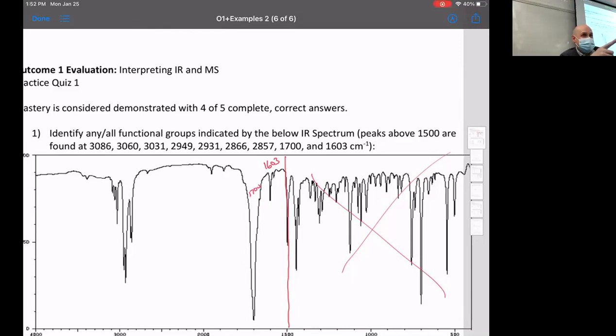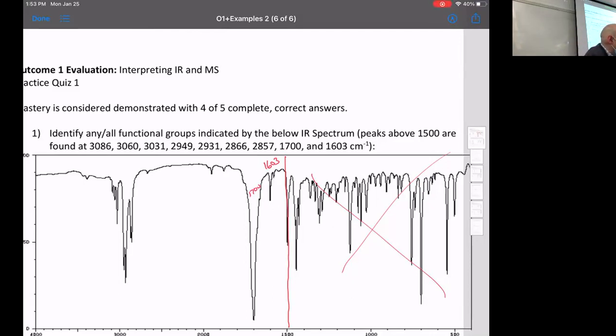An amide does too, because an amide is a C double bond O with resonance. Resonance pulls peaks down by 50. Resonance is only really possible for double bonds, so it doesn't happen for every peak, just for double bonds. A carbonyl, a C double bond O, where does a carbonyl show up?